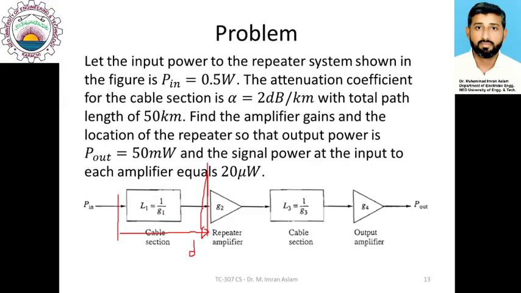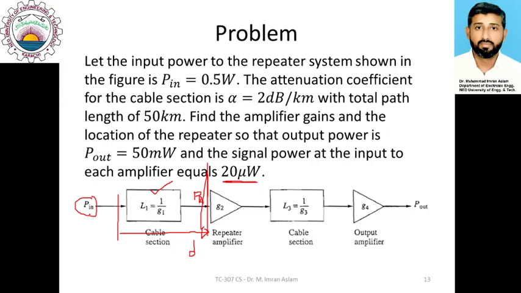If you see the power which is input to this amplifier, it is actually PA. The required power which is input to the repeater is 20 microwatt. This is given to us. We know the input power, and there is a cable section in between which has certain loss.